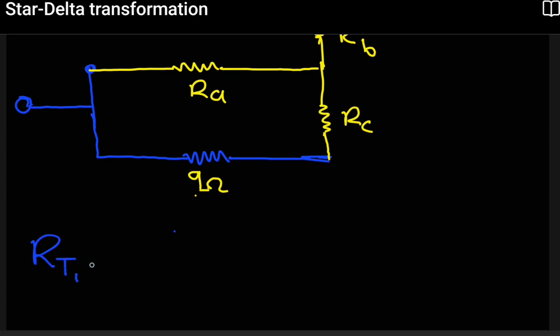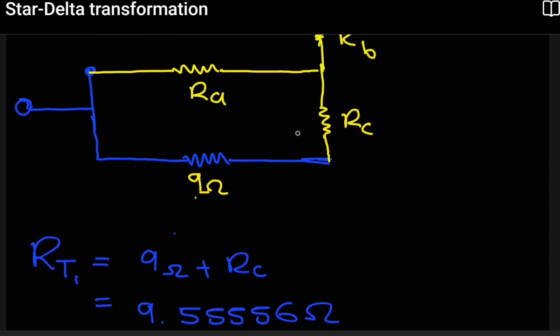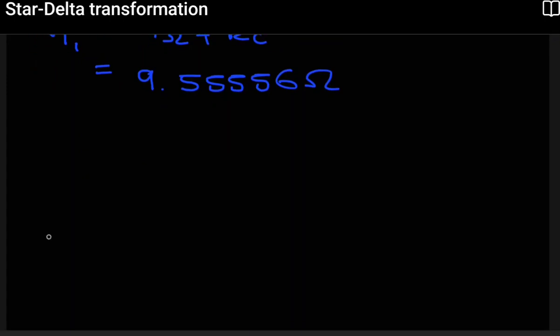Let me label it with the subscript 1. So they're in series, we'll just add them. This is going to be 9 ohms plus RC. Remember what RC is. So this is going to be 9 plus that 0.555 and so on, which is 9.55556 ohms. So we can now redraw our circuit with these combined. Let's see what we now have. So we have this.